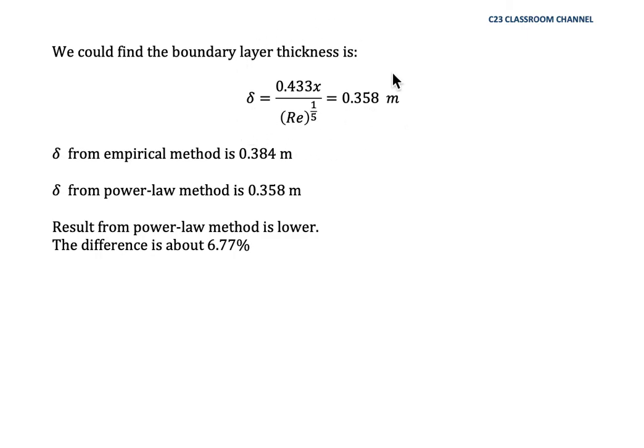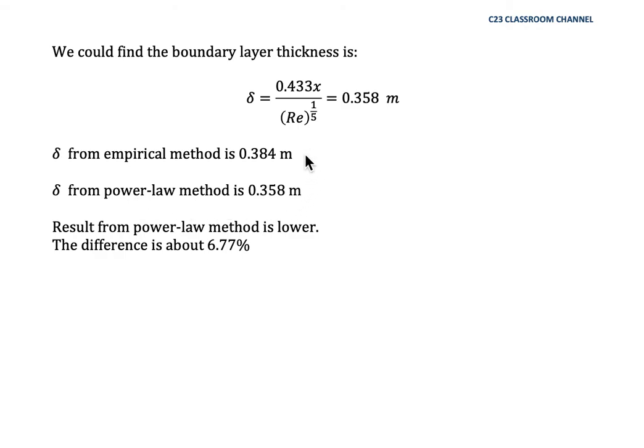This calculation is discussed clearly in my previous lesson, so please see my previous video to learn how to solve the von Karman equation. From here, the boundary layer thickness from the empirical method is 0.384 meters, and from the power law method is 0.358 meters.